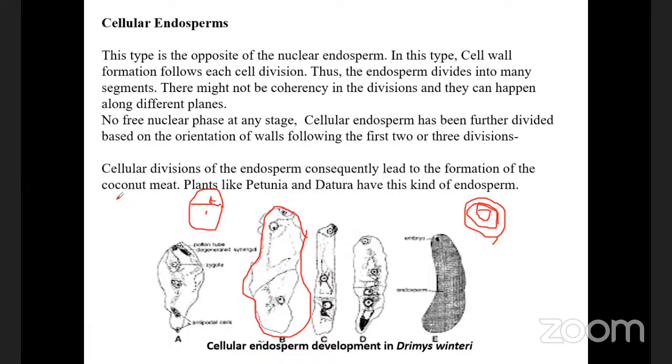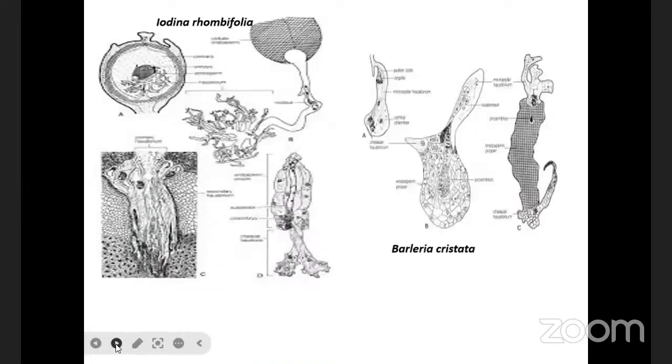You see, petunia and datura have this kind of endosperm, that is cellular endosperm. Okay, you see in the drainage how the cellular endosperm is fully covered with cellular endosperm cells. Here you can see various cellular endosperm type haustoria.